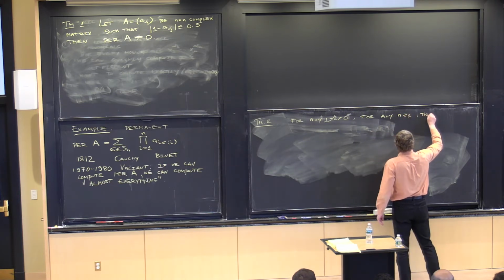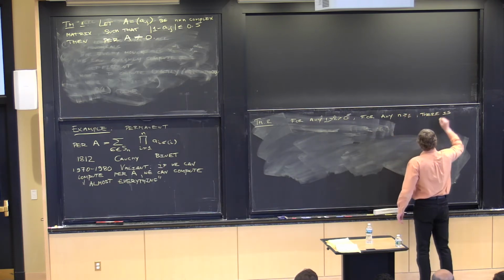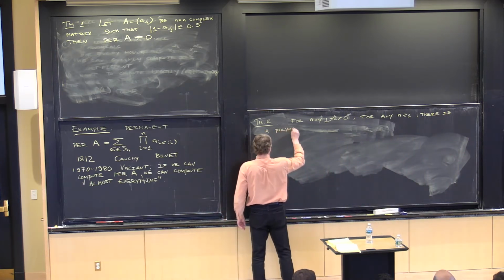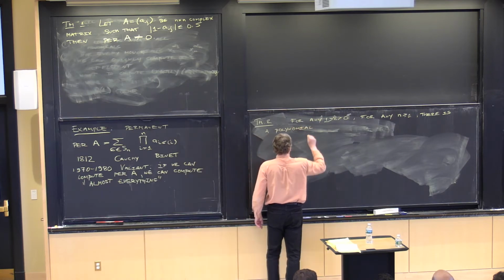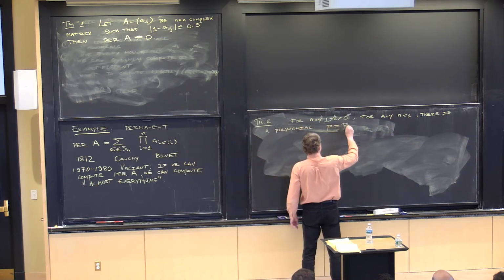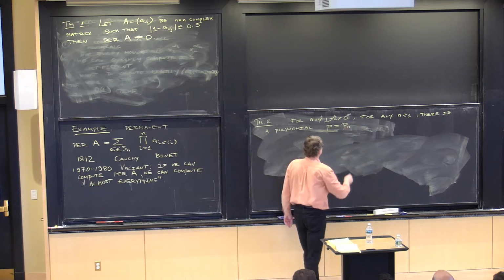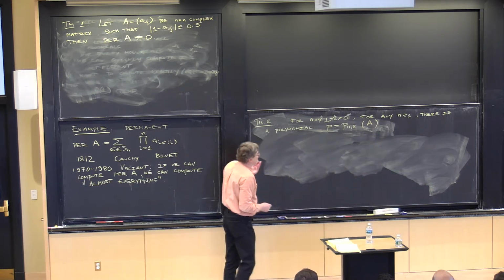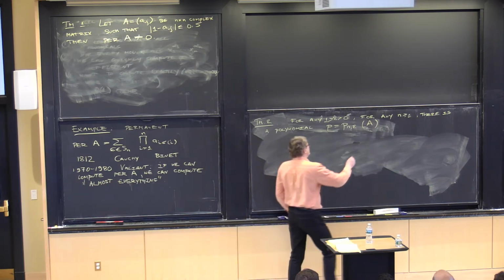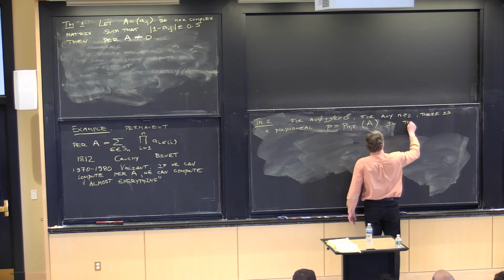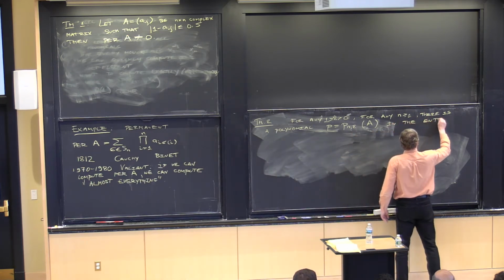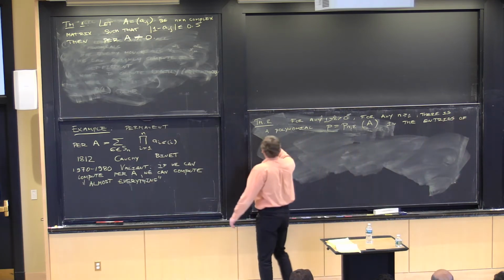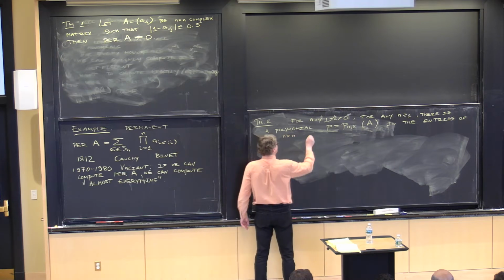There is a polynomial p, which will depend, of course, on n, on epsilon. It will be polynomial in the matrix entries, in the entries of an n by n complex matrix.